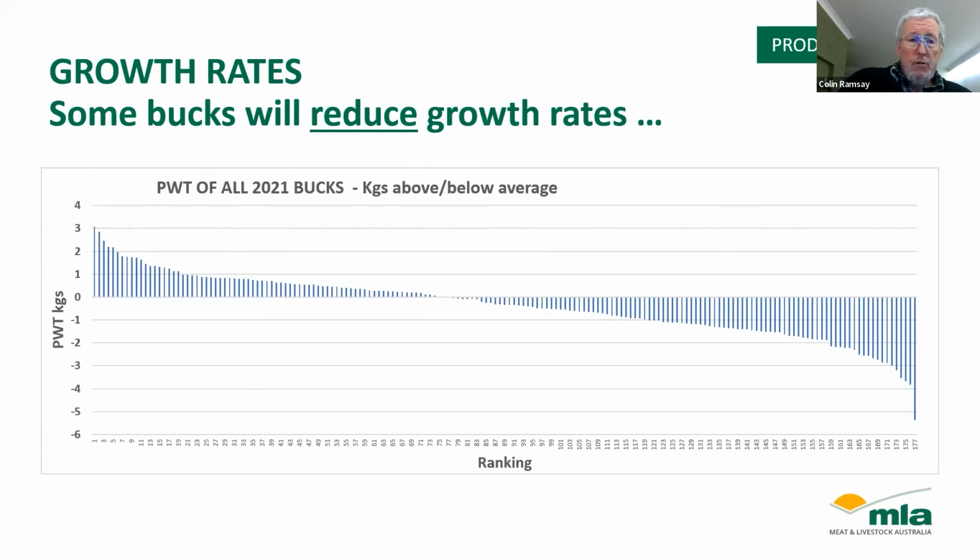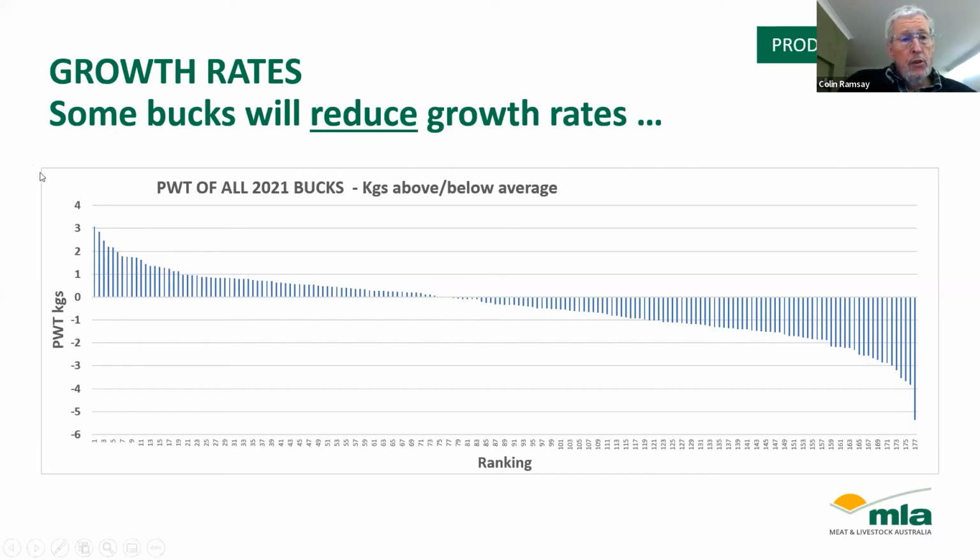The growth rates, this is exactly the same principle, this chart. This happens to be the post-weaning weight, in other words, about 9 months, of all the 2021 bucks in KidPlan at the moment. If you went looking for a 2021 buck, and you focused on the growth rate, the post-weaning weight in kilograms, this is the range of possibilities you would have.